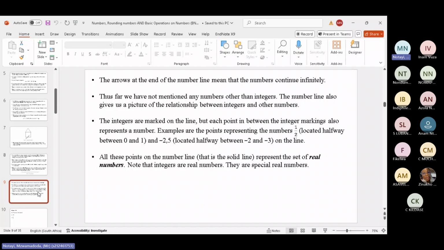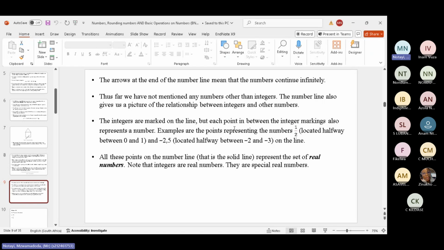So thus far, we have not mentioned any numbers other than integers. The number line also gives us a picture of the relationship between integers and other numbers. So the integers are marked on the line, but each point in between the integer markings also represents a number.